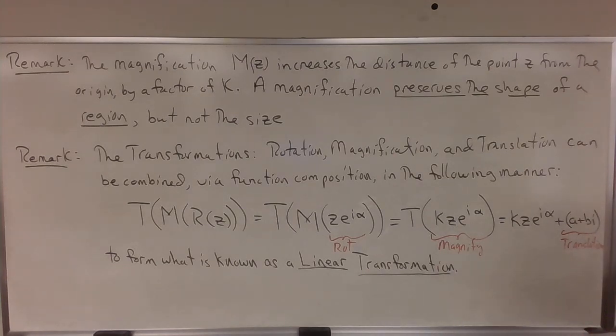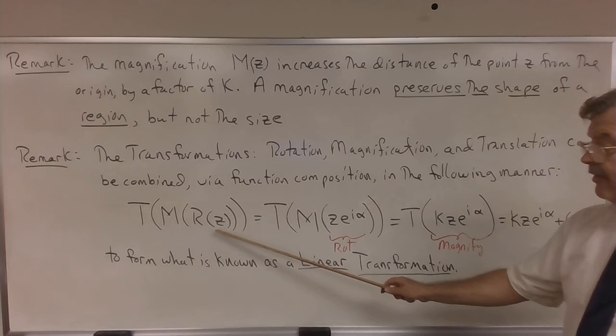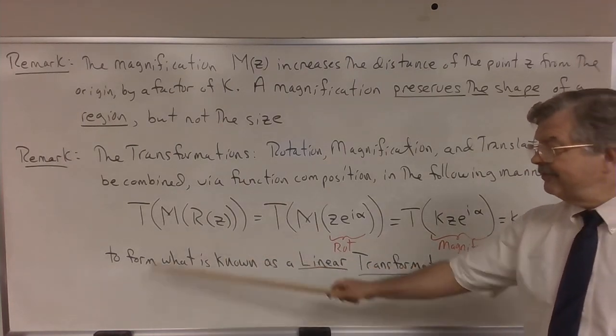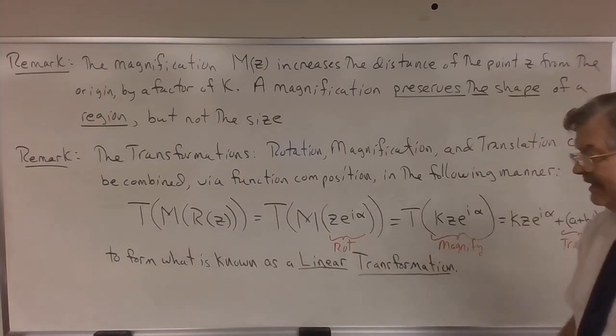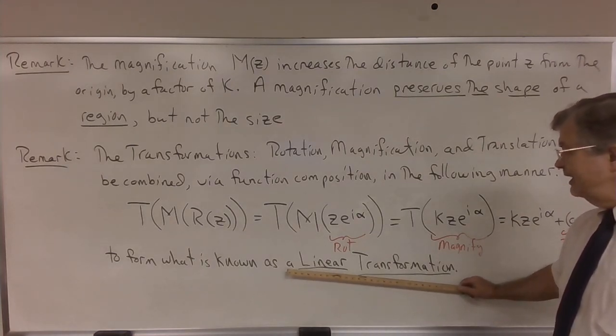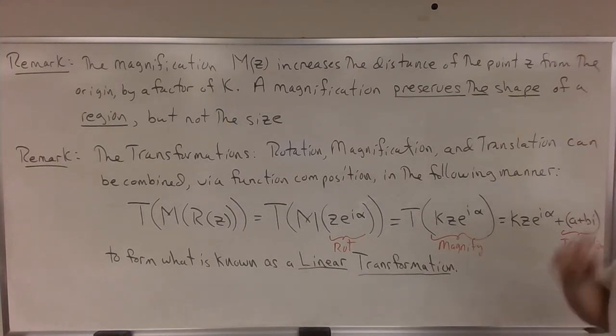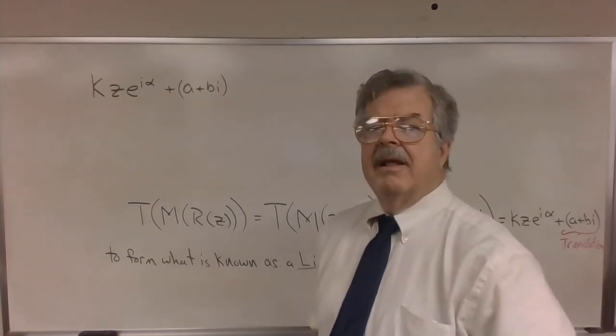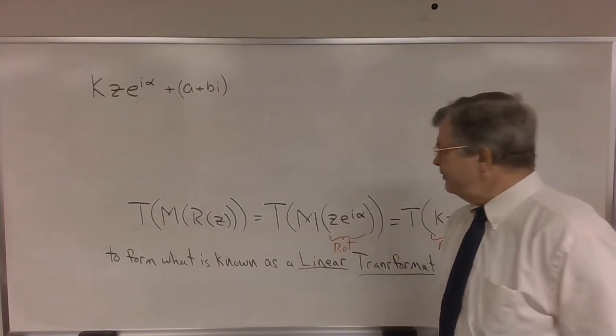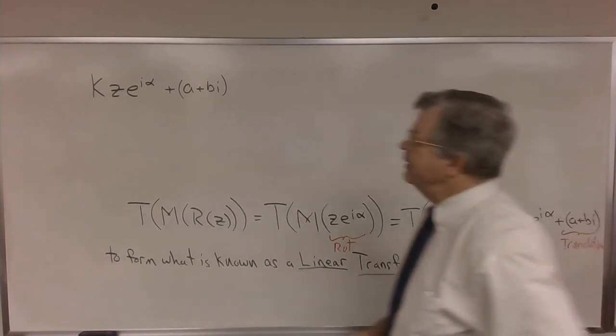When we combine these transformations by function composition in this order, rotation first, magnification second, translation last, we form what is known as a linear transformation. So a linear transformation is the composition of rotation, magnification, and translation. Let me diagram this just a little bit better than I did down here.